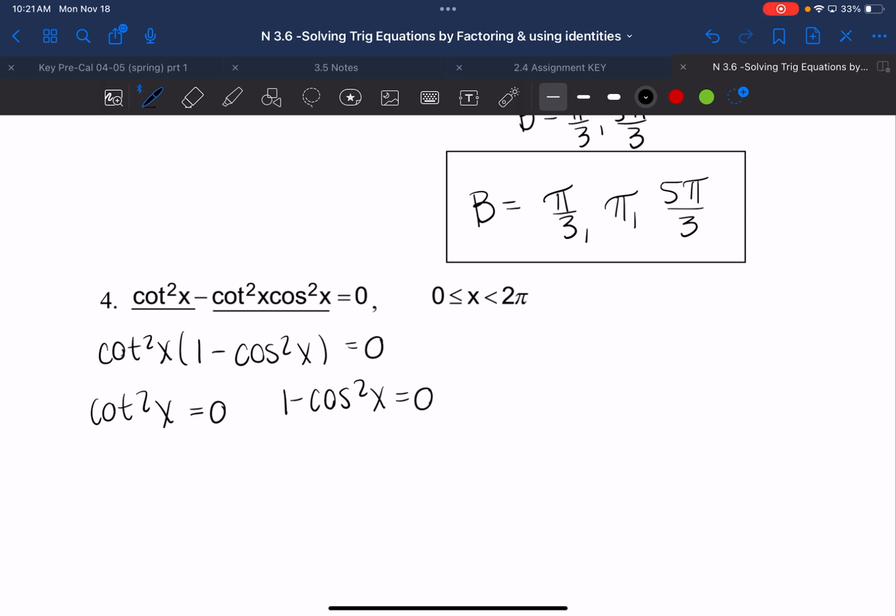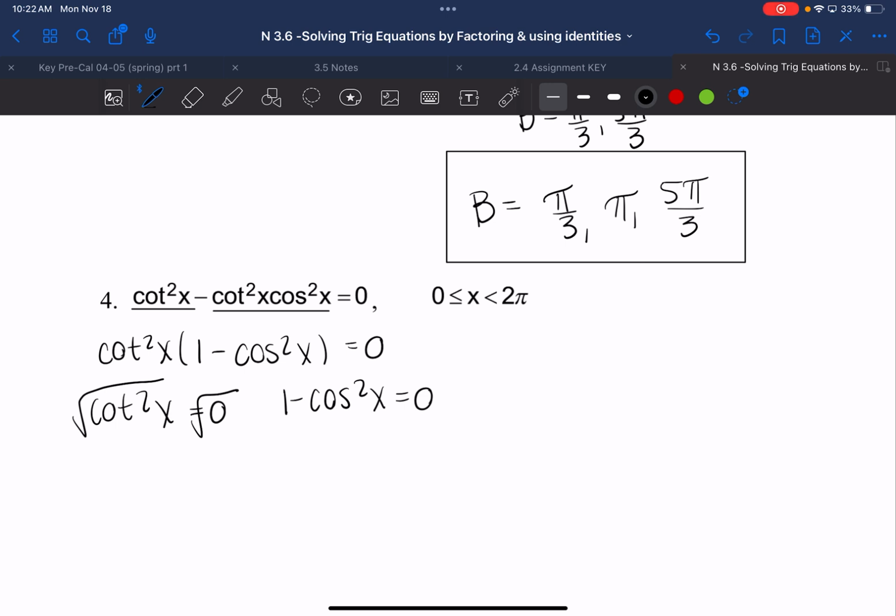All right, so for the first one, it's already pretty much solved, right? The only thing I need to do is get rid of the square. How do you get rid of a square? Okay, so I'm going to take the square root. When I take the square root of something, I have to consider the positive or the negative, right?